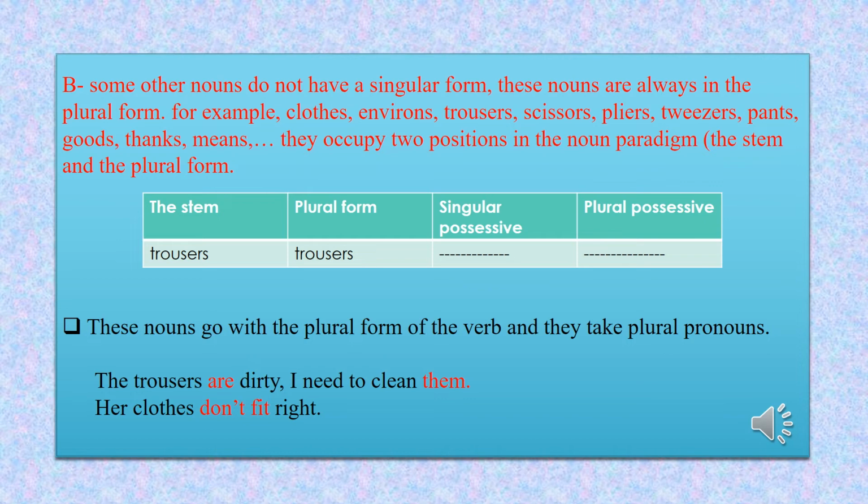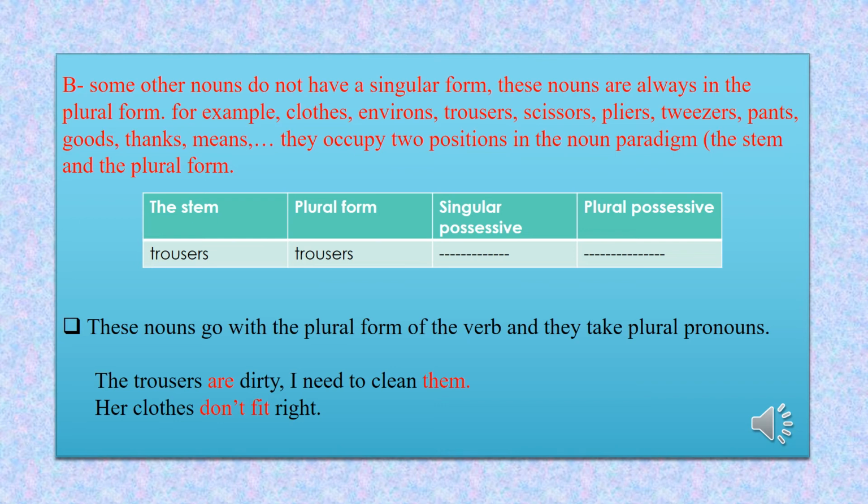That is why they occupy two positions in the noun paradigm: the stem, which is the dictionary word, and the plural form. And because these nouns are inanimate nouns, they do not have a singular possessive or a plural possessive form.